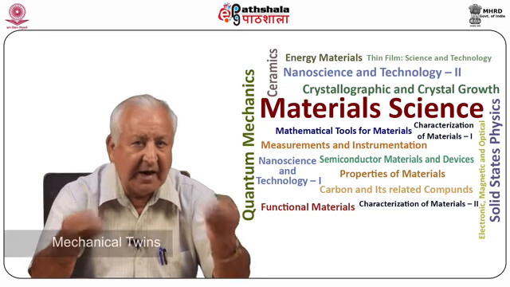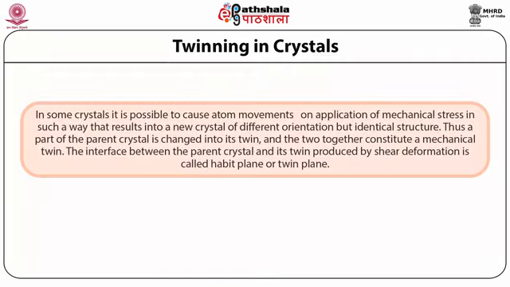Number 3. Mechanical twins. In some crystals, it is possible to cause atomic movements on application of mechanical stress in such a way that results in a new crystal of different orientation but identical structure. Thus, a part of the parent crystal is changed into its twin, and the two together constitute a mechanical twin.